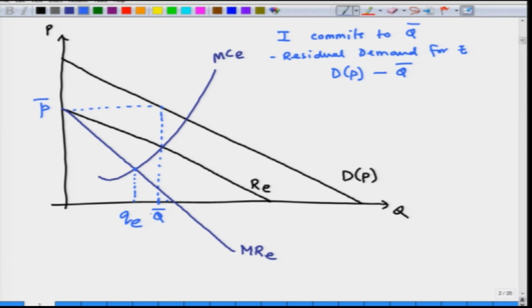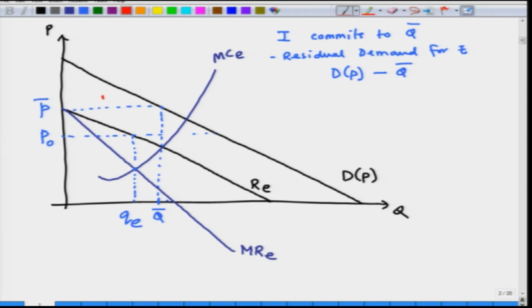Now, given that the incumbent has produced Q bar units, the combined output is QE plus Q bar, which let us say leads to a price P naught, or P 0, right. So, this is the price that is obtained, and suppose this price P 0 is such that it just barely covers the entrant's average cost curve.